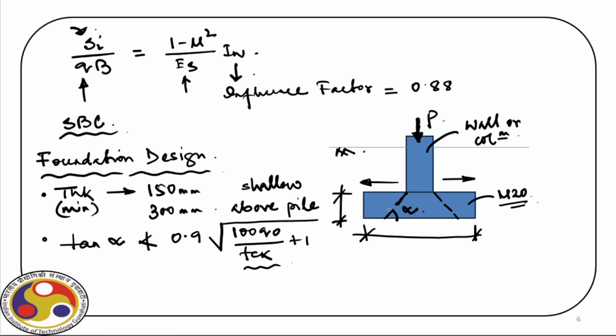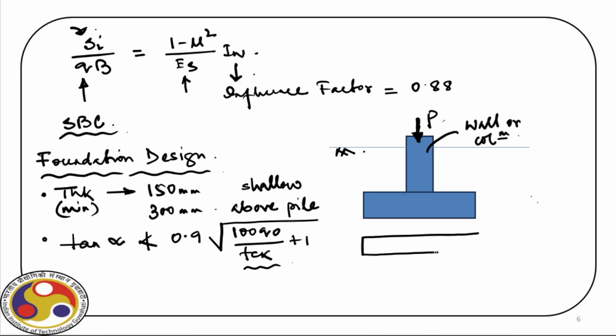Now when we design this foundation, we have to consider the pressure developed below the foundation. So let us first see the pressure developed, and as I have already explained, we consider uniform pressure distribution below the foundation. That means we can consider the foundation as an inverted beam which is supported at the center.